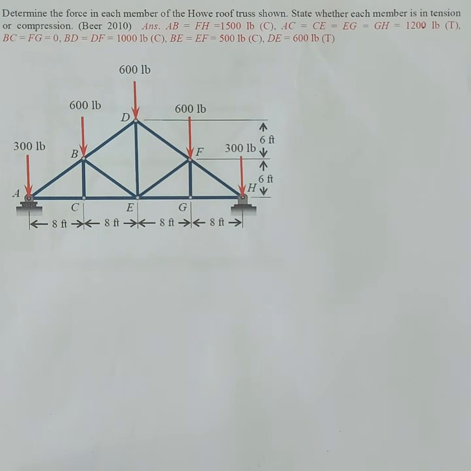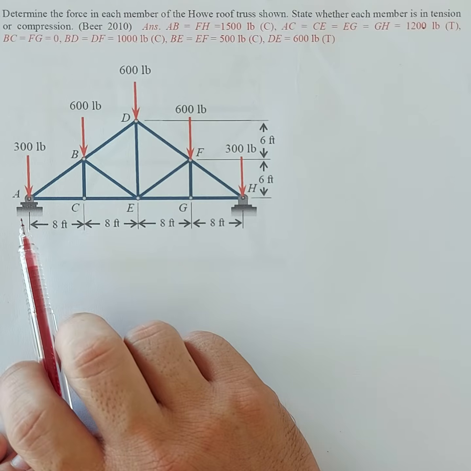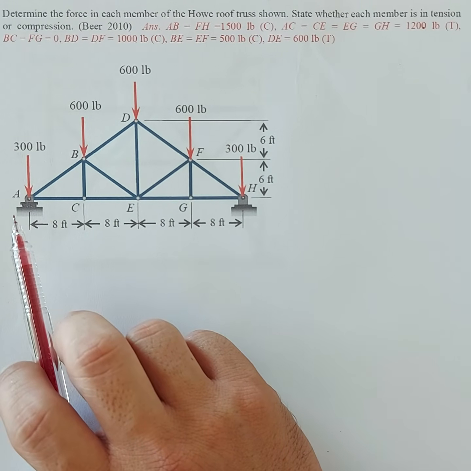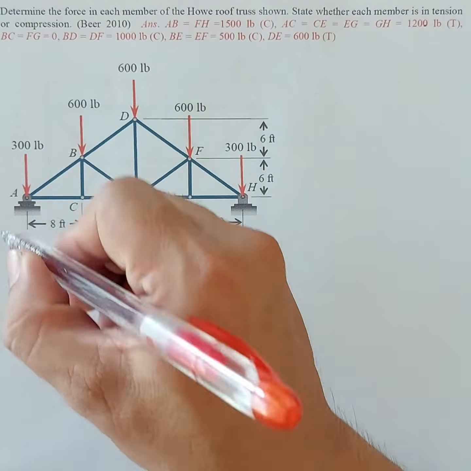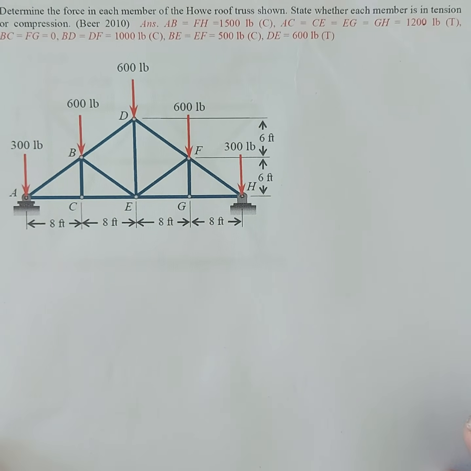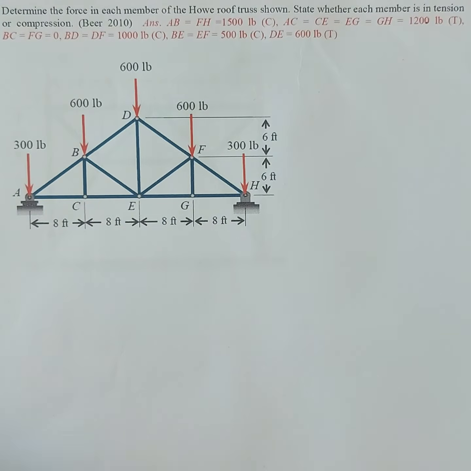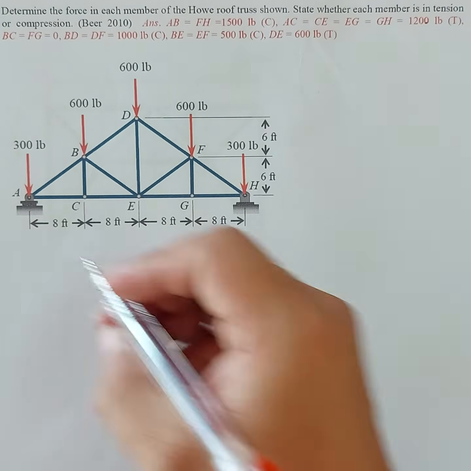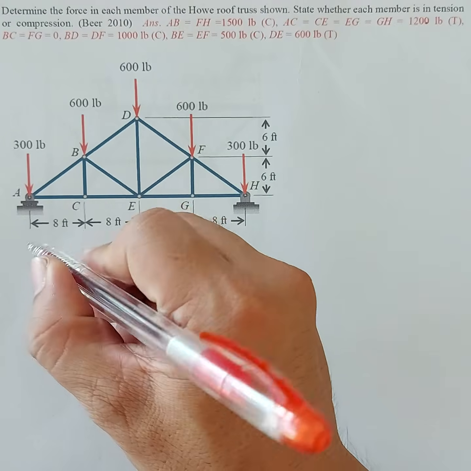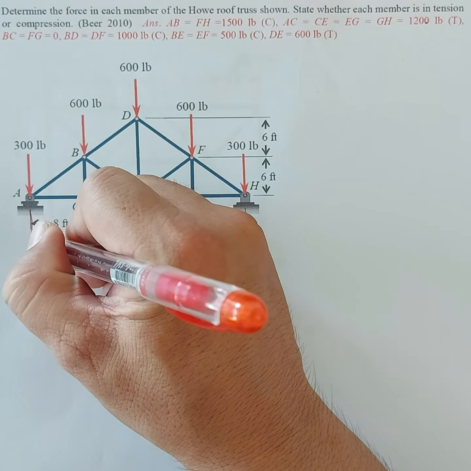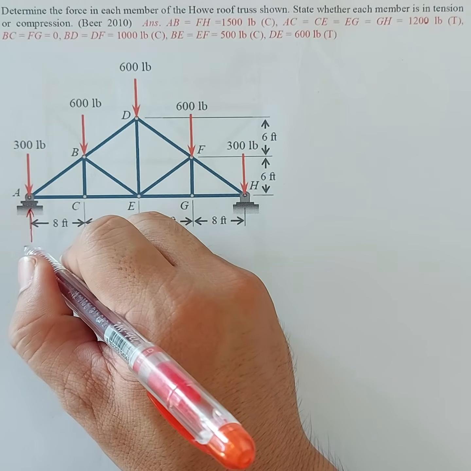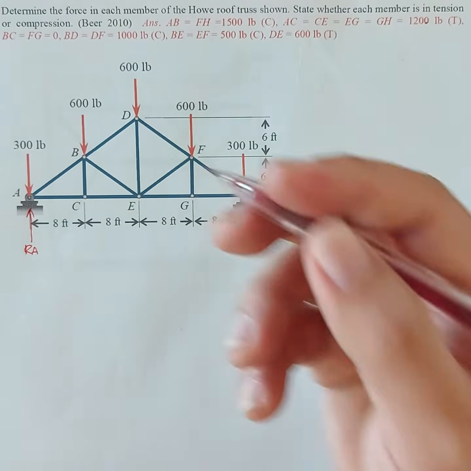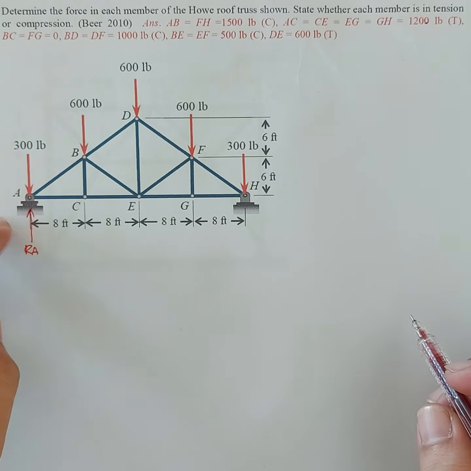Okay, our reactions at A. By now we should have mastered identifying supports. At point A, it is a roller, which means the corresponding reaction is perpendicular to the surface. So RA. Our assumption, of course, is that it's upwards.